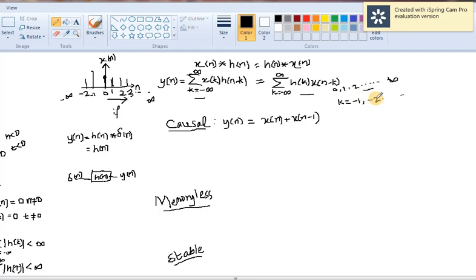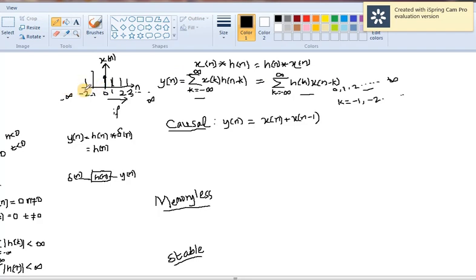If it is at -2, then x of n plus 2. Then the output of the system depends on the future values of the input signal.